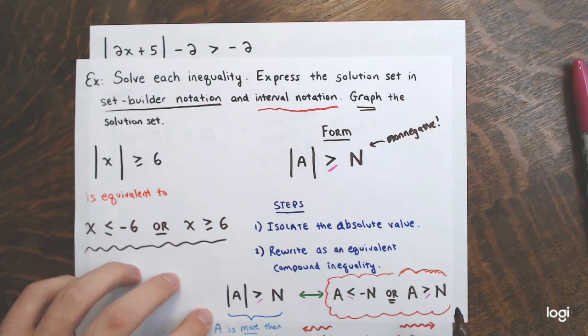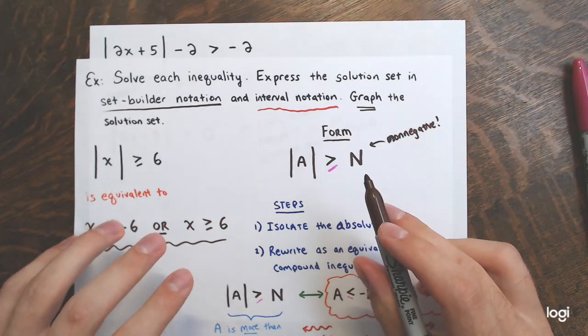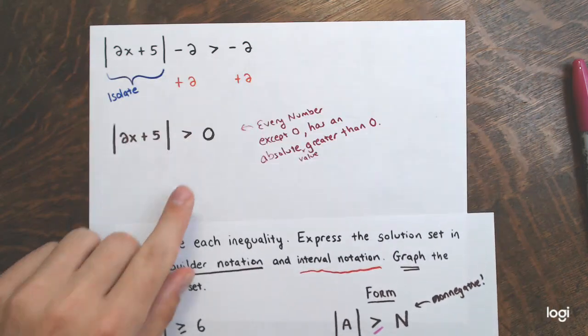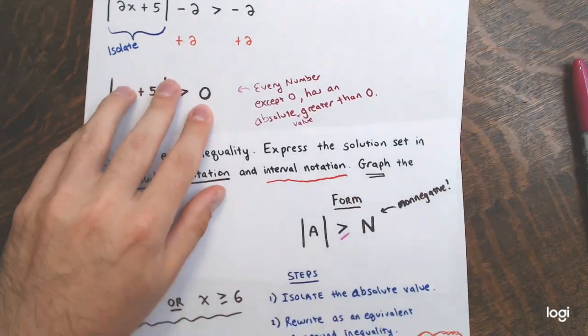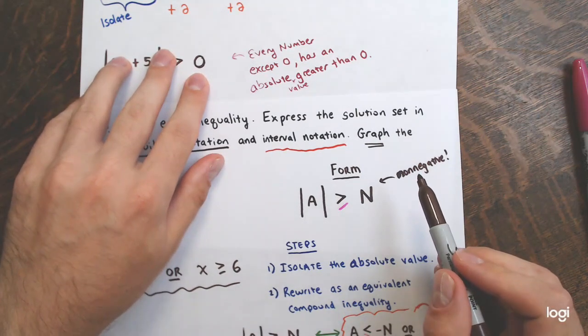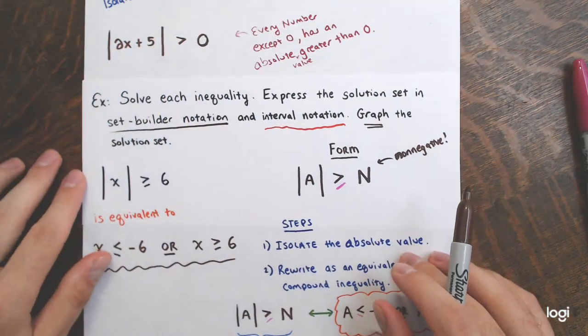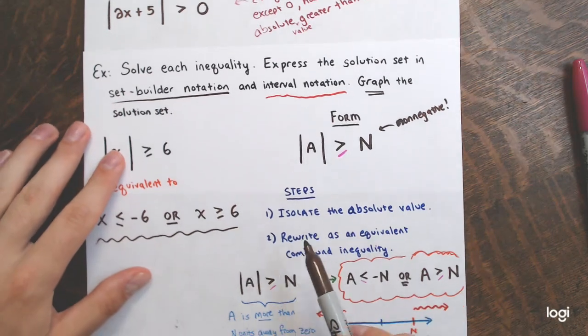Or if it's negative, we'll talk about that in a little bit. Now 0 is non-negative. So having an absolute value greater than 0 actually has meaning.